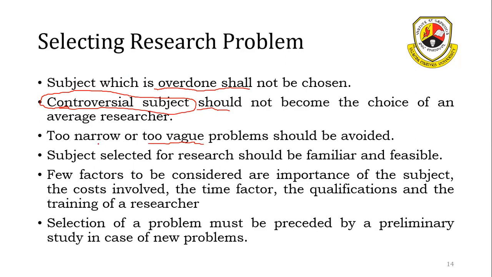Something being too vague or too narrow. Too narrow, let's take the case of Ruth. If Ruth decided she said, I'm going to design a mobile application for rural learners, and stops there. At master's level, that's too narrow. So then what?